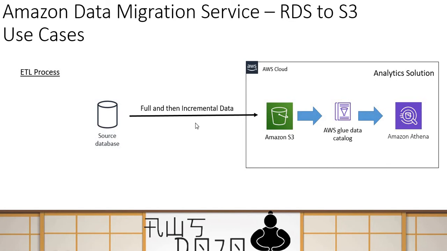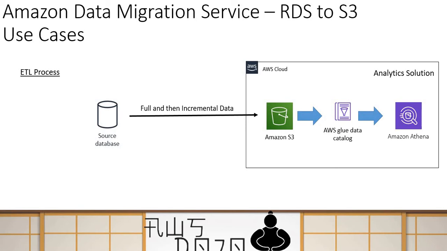In that case, you can use Database Migration Service to migrate data, either full, and then of course incremental, because both are supported. So you can configure your ETL process in such a way that the first time you do the full migration, and then you configure your incremental migration.